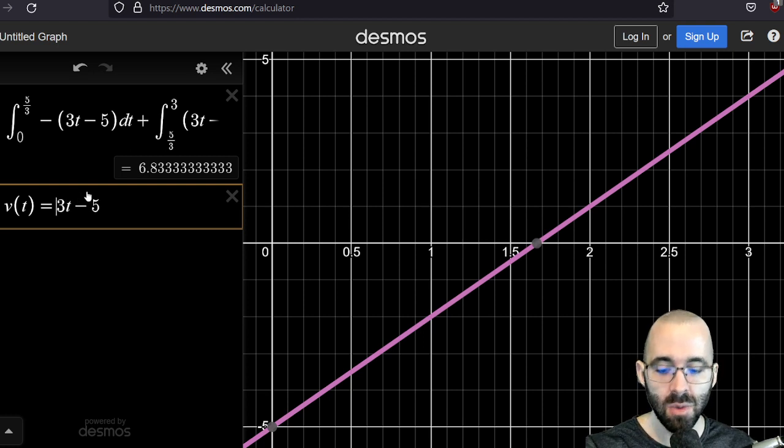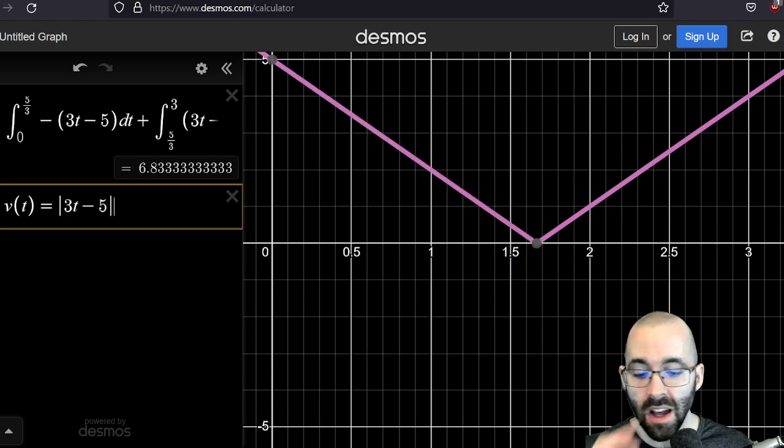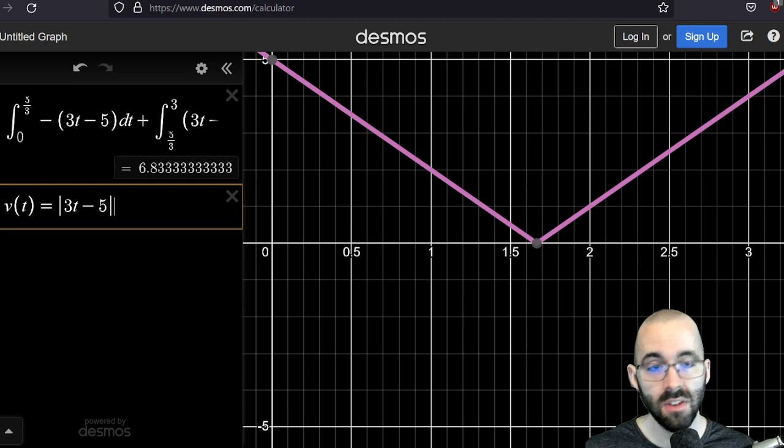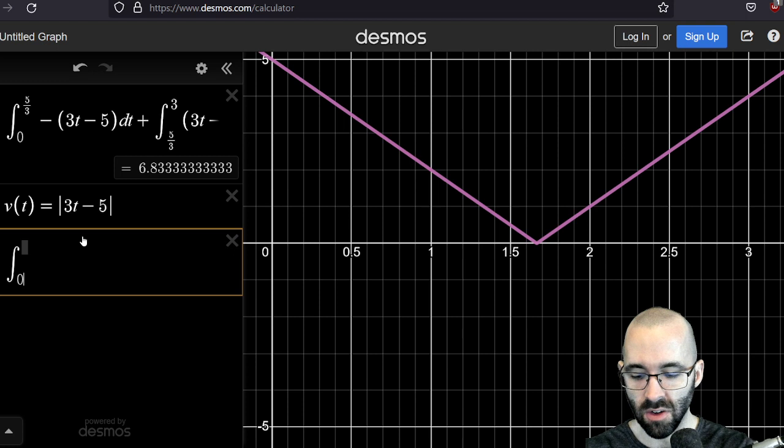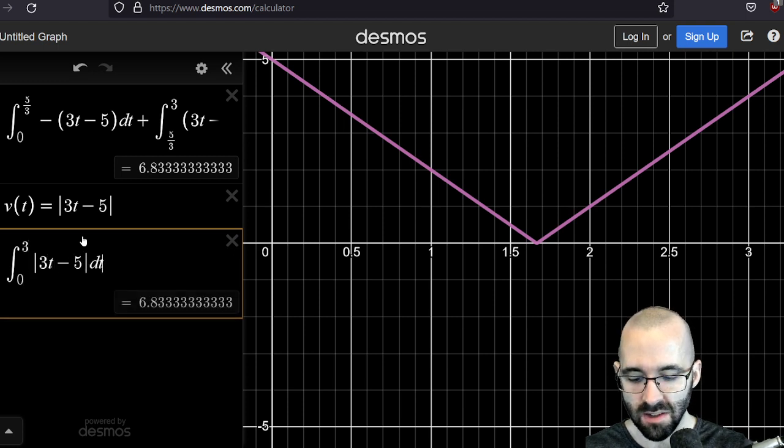And in fact, what we did is we integrated the absolute value of this velocity function, the speed. That's adding these two things. They have the same areas, just now their areas are both positive. And again, if we actually wrote it out as the integral from 0 to 3 of the absolute value of 3t minus 5, we would get the same answer.